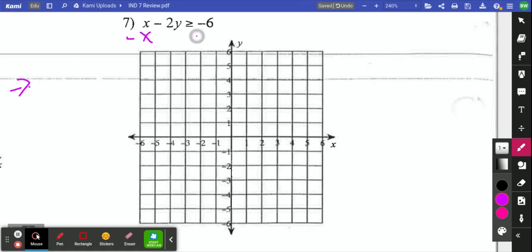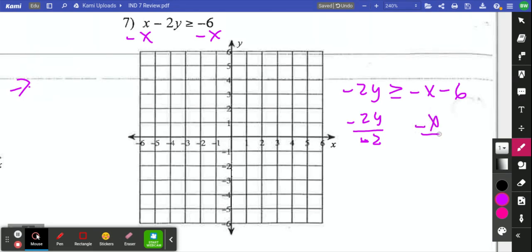So we get negative 2y is the only thing on the left that's greater than or equal to negative x minus 6. And now we divide both sides by negative 2. And we're dividing by a negative here, so we're going to think about that symbol. So we divide each of these terms by negative 2.